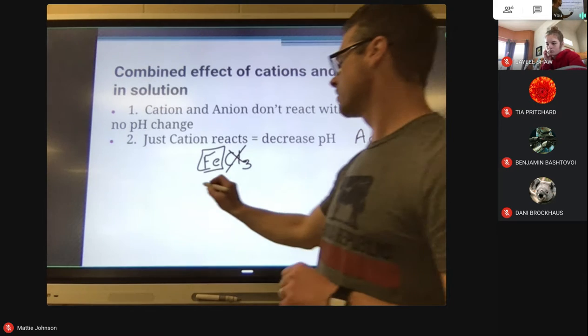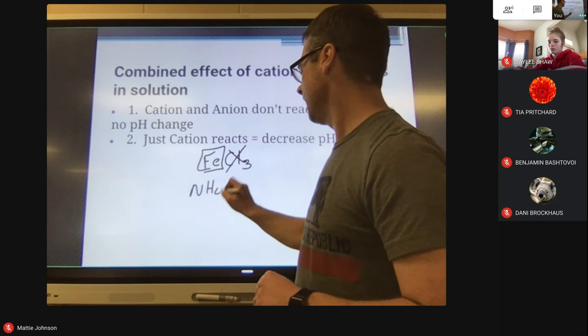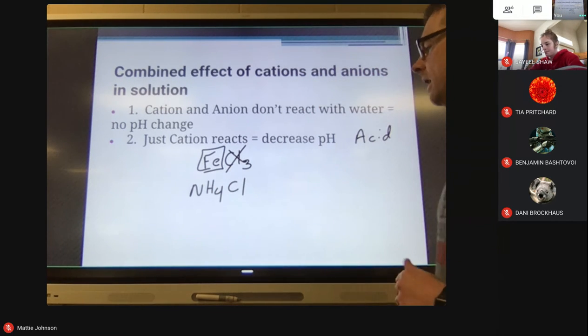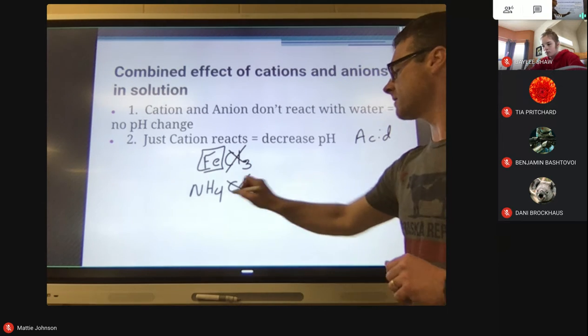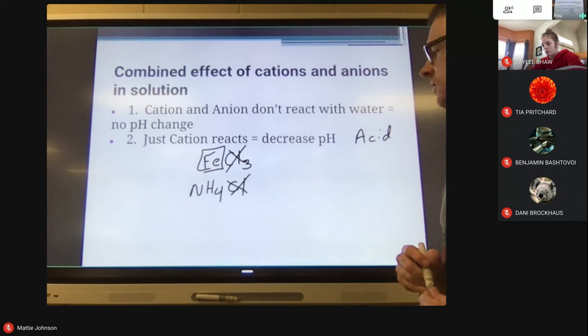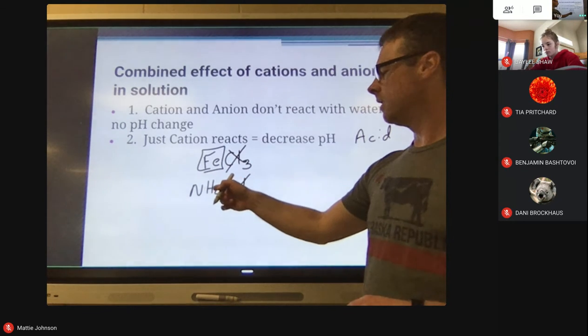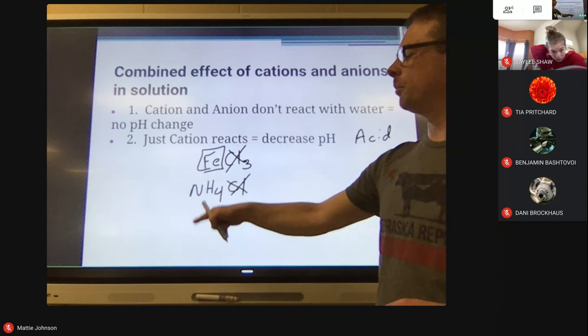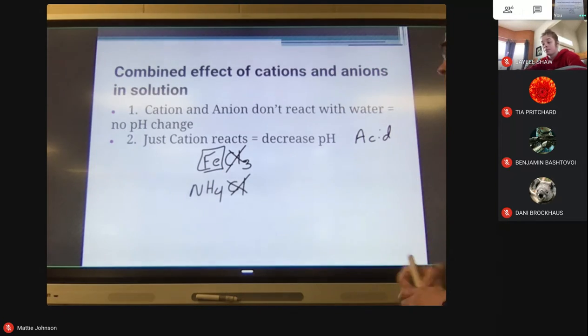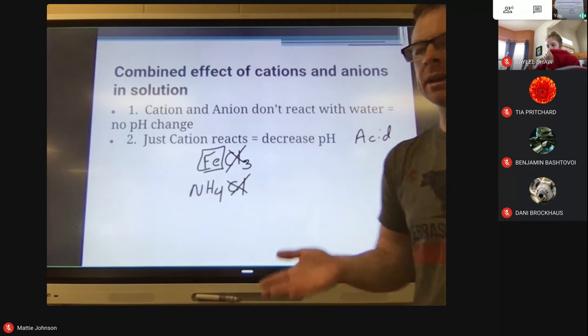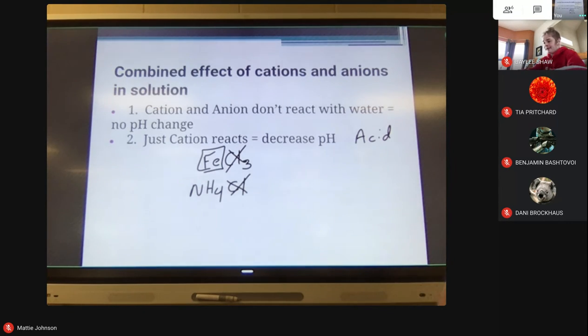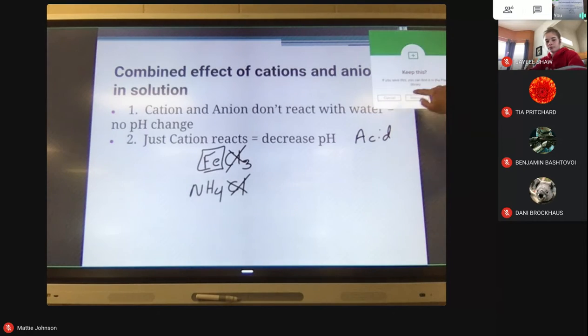Here's another one where just the cation would react. NH4Cl. So we know that Cl doesn't do anything since it's the conjugate of strong. NH4 is the conjugate of a weak base, so it must be a weak acid, so it's going to decrease the pH. Those are some examples of things that would decrease the pH. And by the way, you don't have to calculate anything. You can just look at it and just tell. Okay? I'll show you where we have to do a calculation.